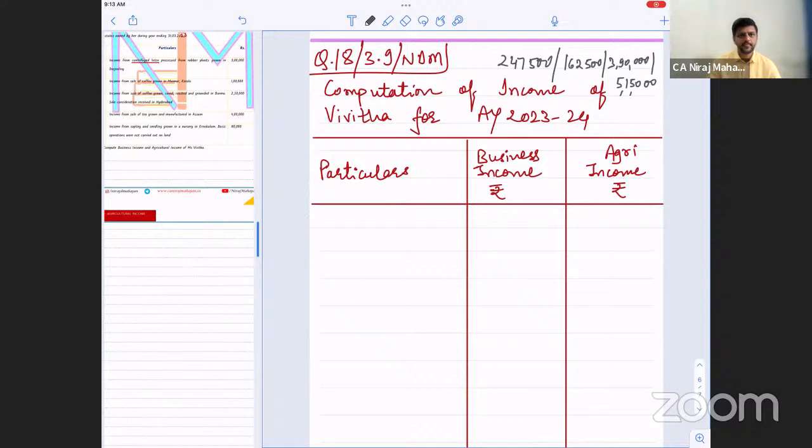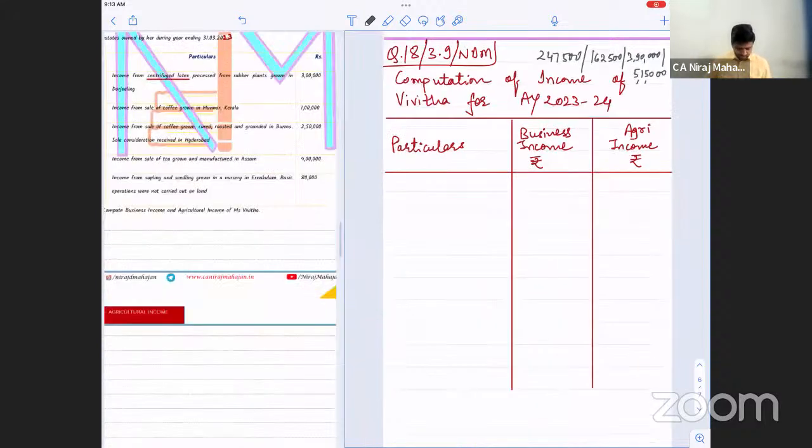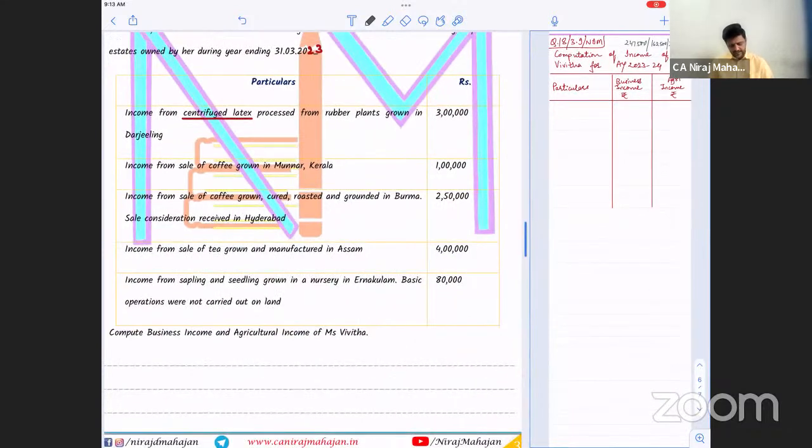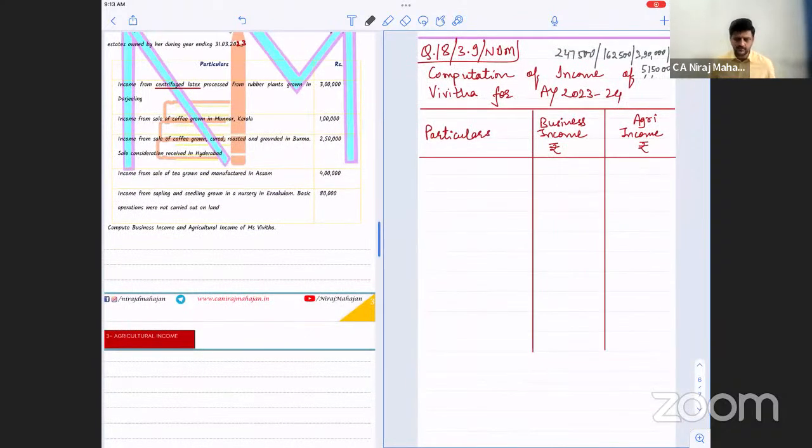Let's go ahead. Who's right, who's wrong, we'll see that later on. First one: income from centrifuged latex processed from rubber plants grown in Darjeeling. So this is the rubber product, obviously using rubber. So we have apportionment again.